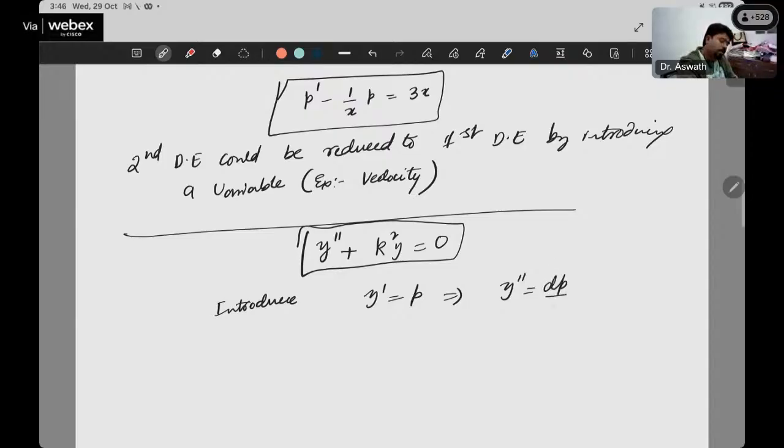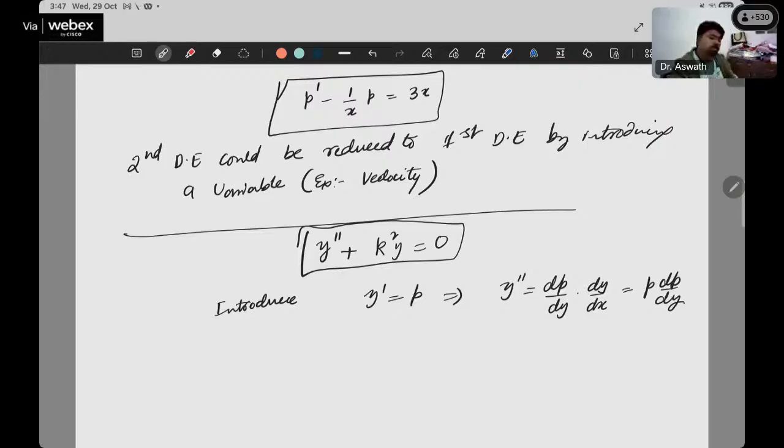dp by dy times dy by whatever independent variable we choose, which is, let's say, dx. Since we already introduced y dash is equal to p, this would be p into dp by dy.